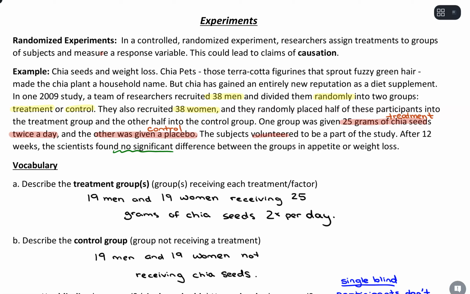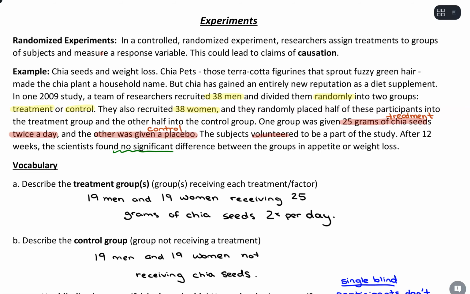So imagine this wasn't blind at all, which would mean everyone knows whether they're in the treatment or control group, which would essentially mean if they're giving a placebo, they're saying, hey, here's your fake treatment. Take these things that are not chia seeds, which would completely defeat the purpose of a placebo.